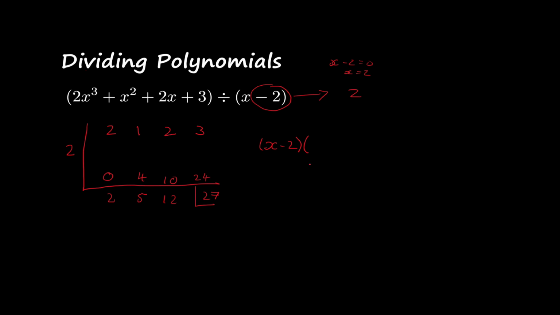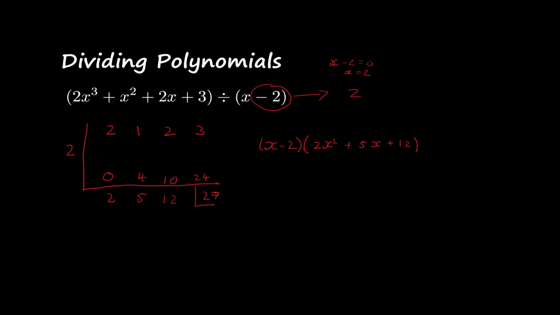And what's going to be here? Well, what's happened is you actually take this down by one order. This expression gives you the result to a new order. So instead of being x cubed, this is now x squared. So this becomes x squared plus 5x plus 12.